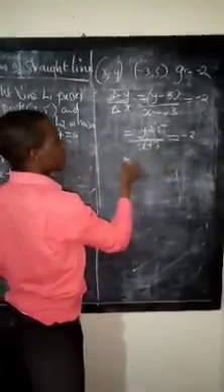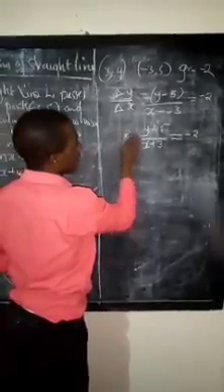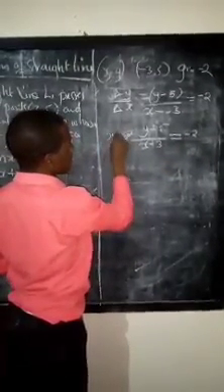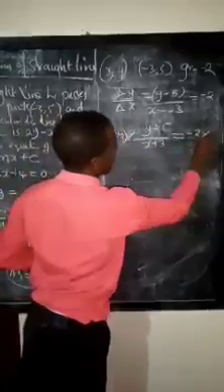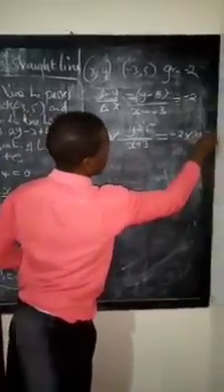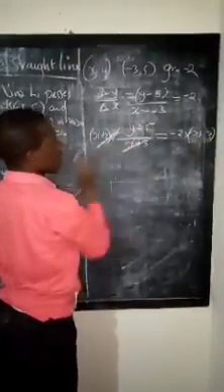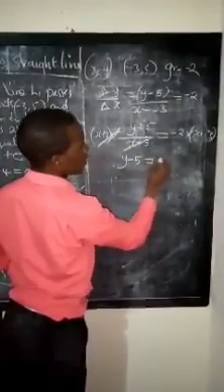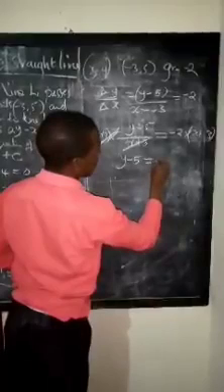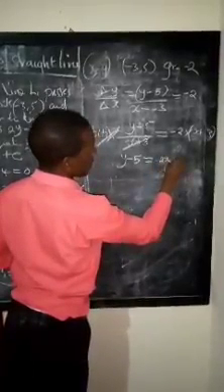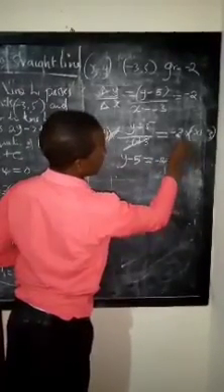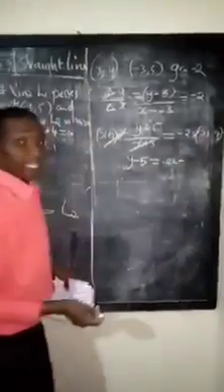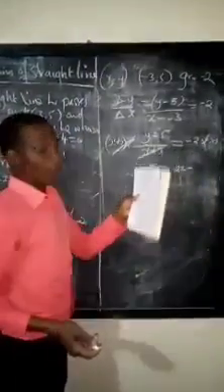We can simplify this further by multiplying both sides by x plus 3. We shall be left with y minus 5 is equal to negative 2x minus, remember we said yesterday, whenever you see a bracket, take care of the negative.